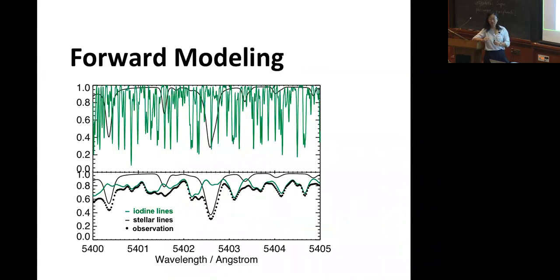And for iodine calibrated spectrographs, or absorption cells in general, the story is a little more complicated. We use forward modeling. So the goal is to model those black dots, which are the observed spectra. And the observed spectrum has two components, the star, which is black, and the iodine, which is green.